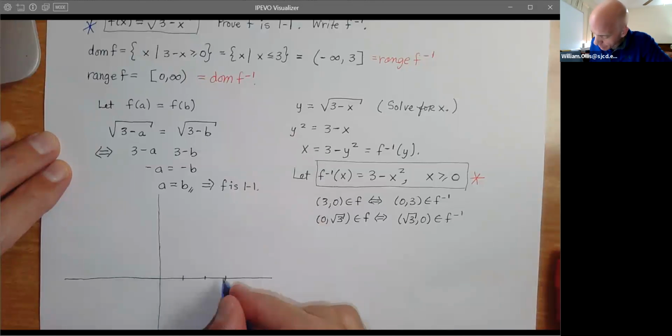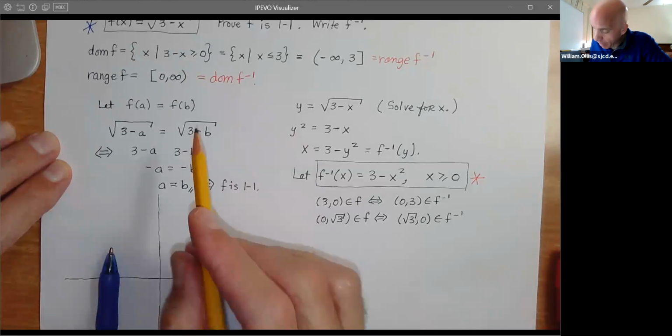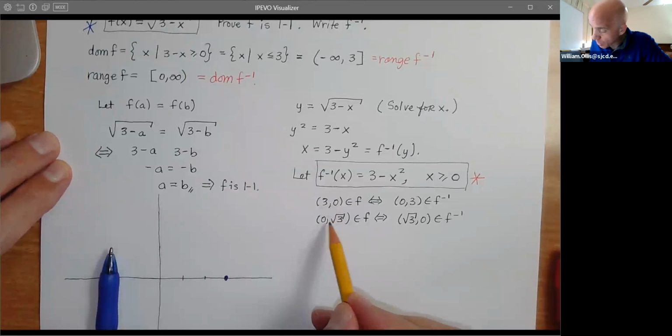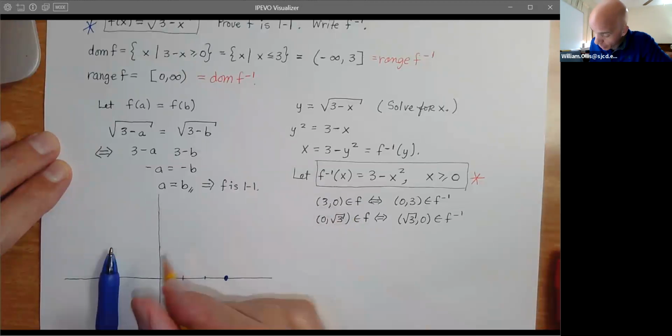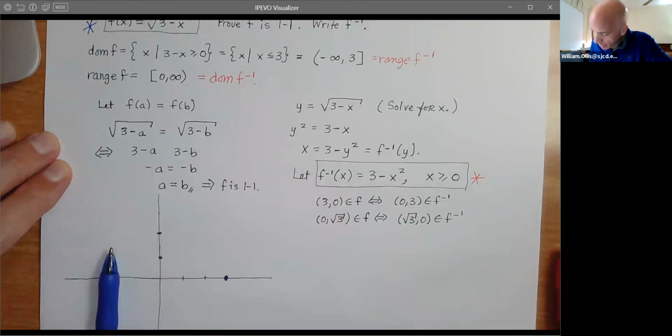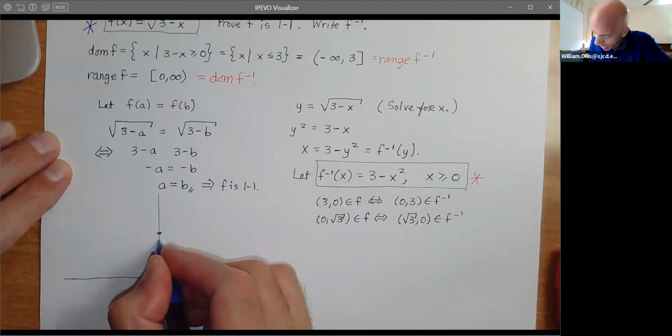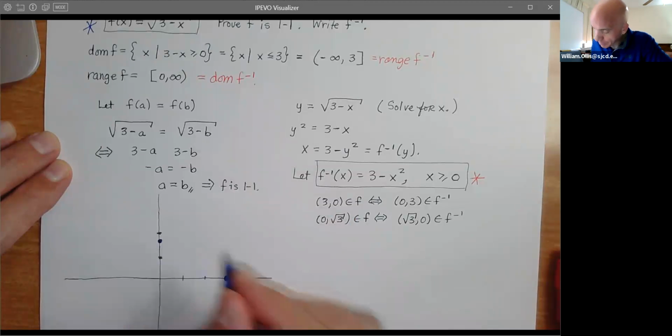We've got this. And then let's do the same thing. We've got (0, root 3). So we'll do the same scale here. There's 1, 2. And then square root 3 is approximately 1.7. So we'll eyeball it about right there.